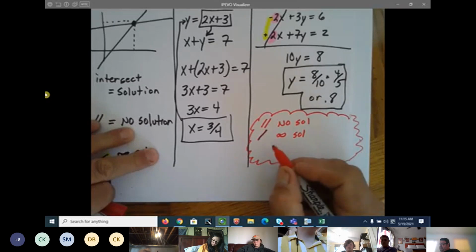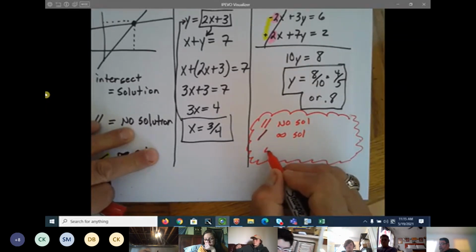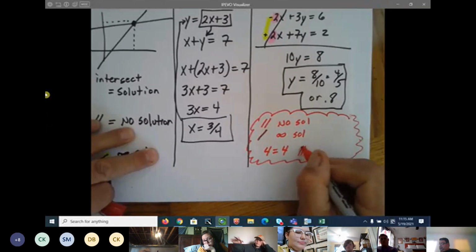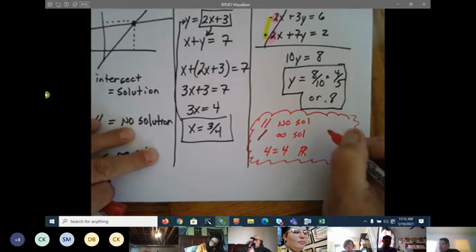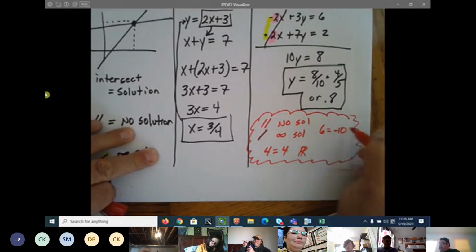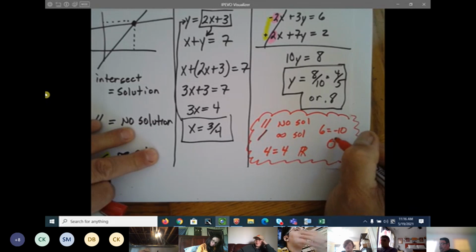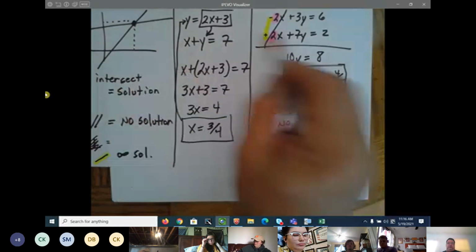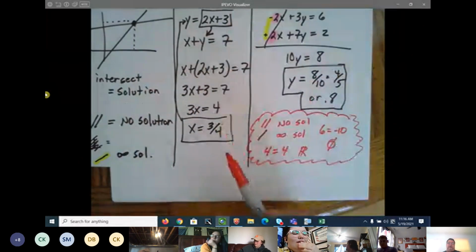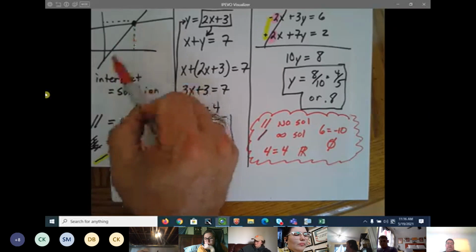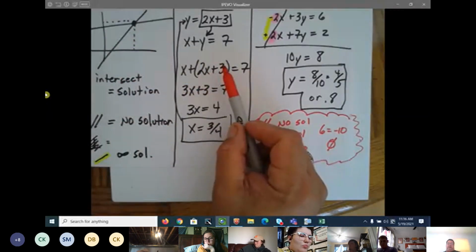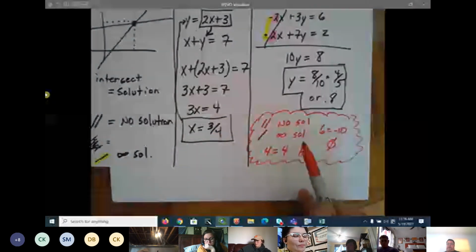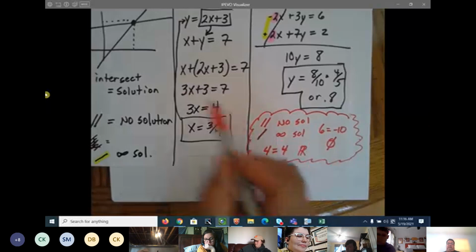Always remember this. If 4 is equal to 4, is that a true statement? A true statement means all real numbers. A false statement, 6 is equal to negative 10. That is an untrue statement, which means what? No solution. So you got to remember this kind of stuff when you're dealing with these problems up here. If I get parallel lines here and I do the same problem here, I'm going to get something that says 4 is equal to 120, because the answer is what? No solution, because I had parallel lines.